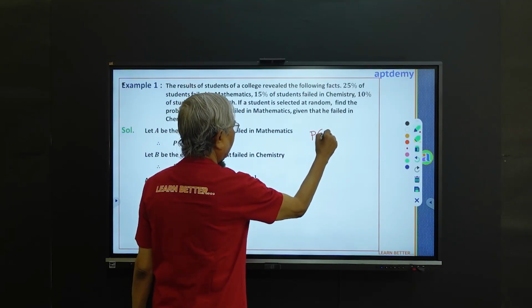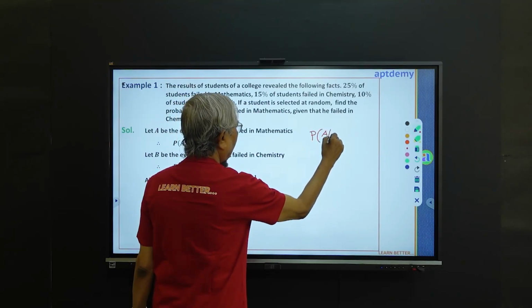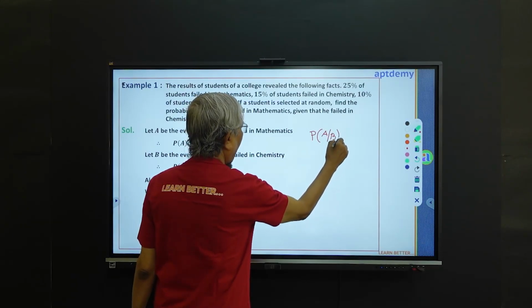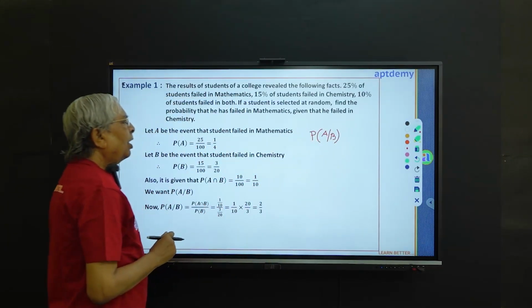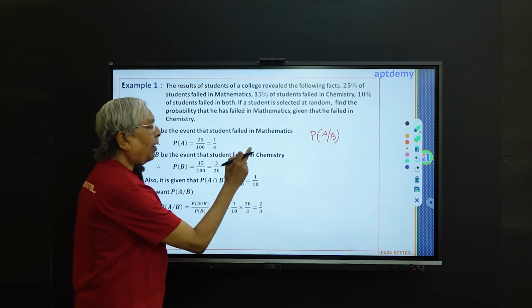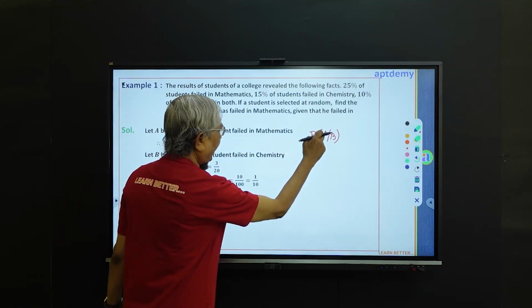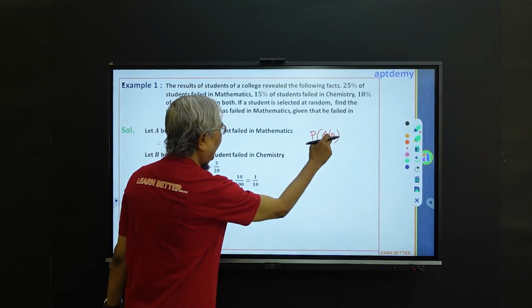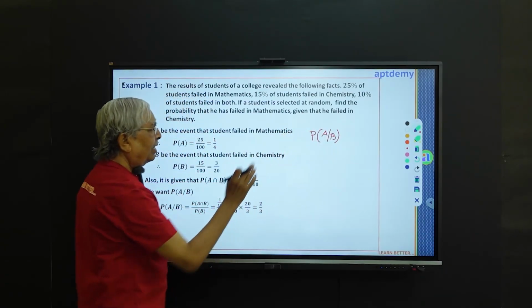What do you mean by this? This is the conditional probability, that is, the probability of happening an event A when B has already happened.